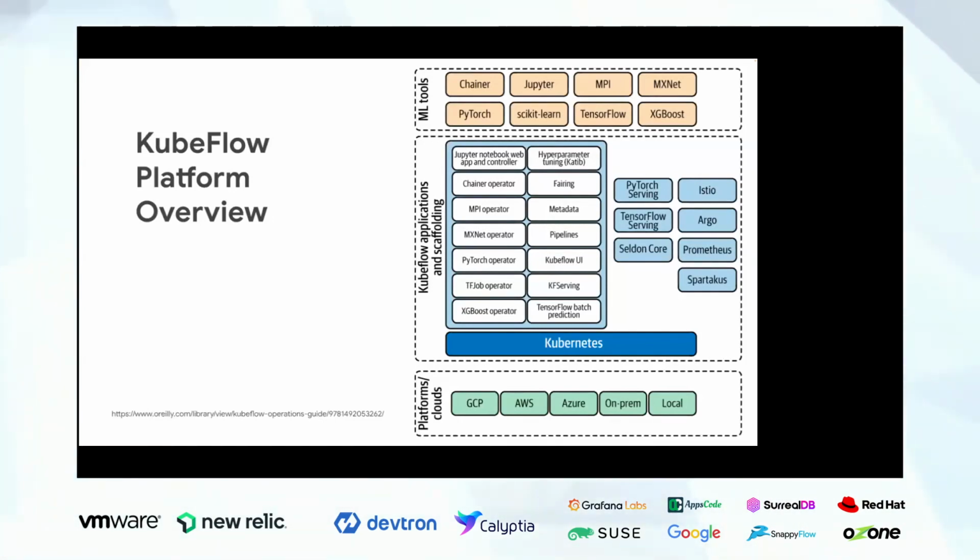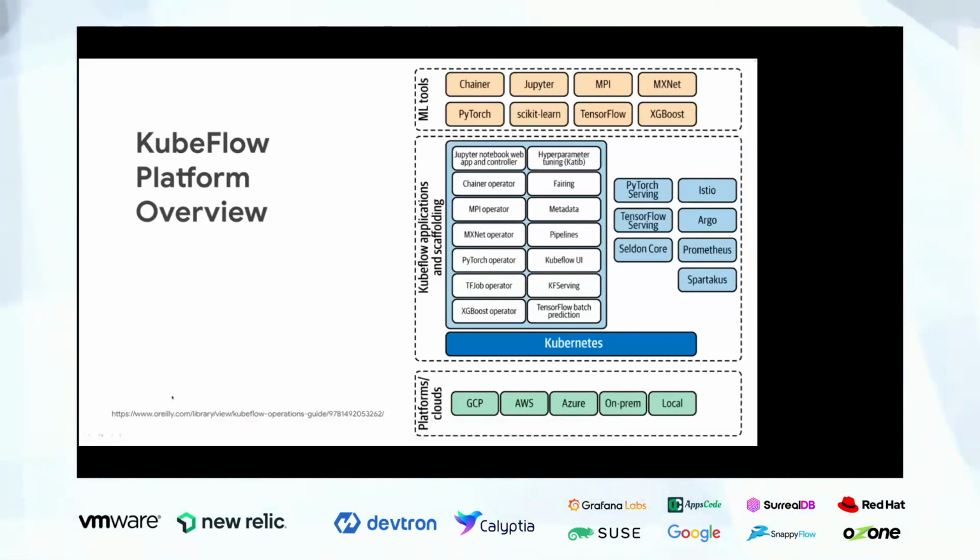Argo provides continuous integration and deployment functionality. And you have Prometheus, which provides monitoring capabilities for components, and you can even query the monitoring data. So that's the middle section of the component grouping.